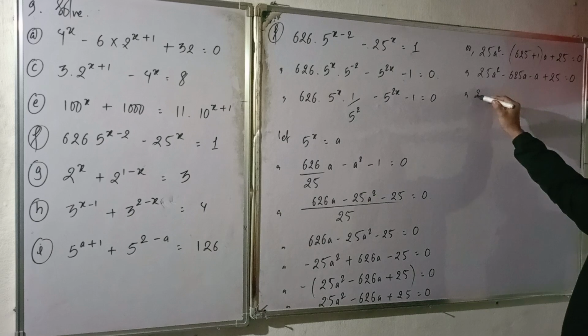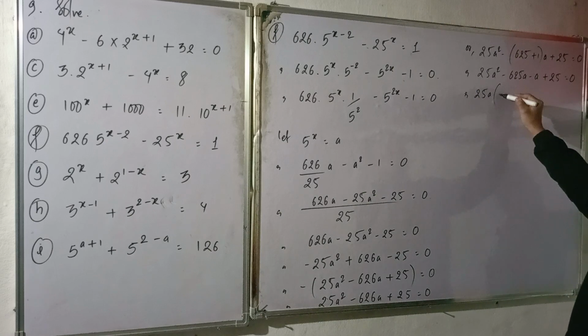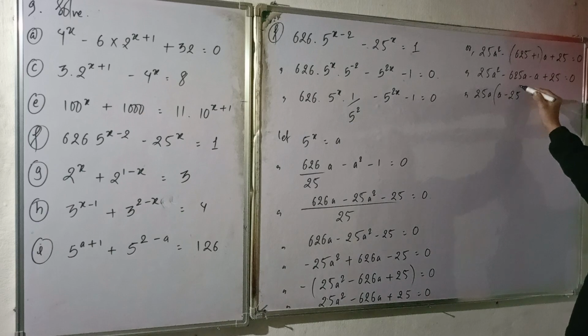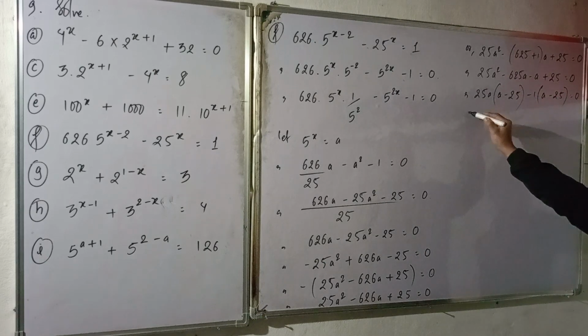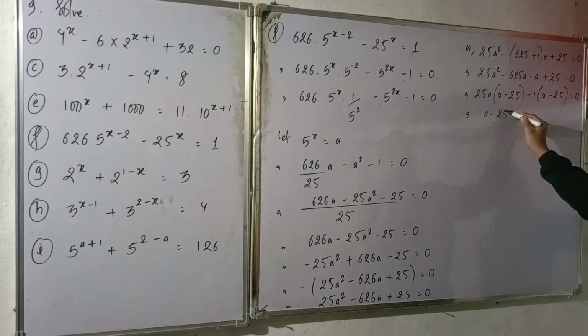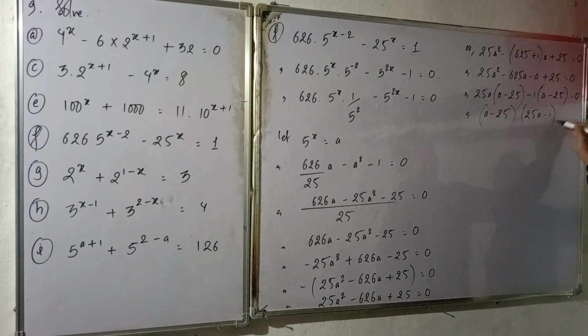Now you just take 25a common: 25a times a minus 25, okay, minus, here will be minus common, a minus 25 equals to 0. So a minus 25, and the other will be 25a minus 1 equals to 0, okay.